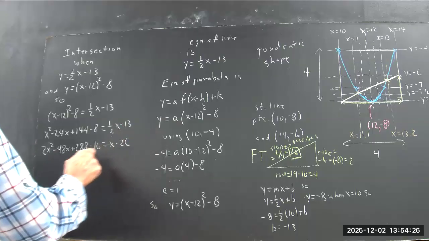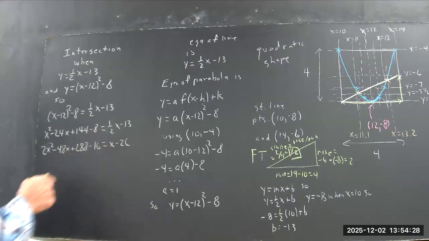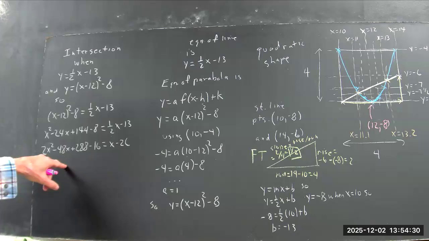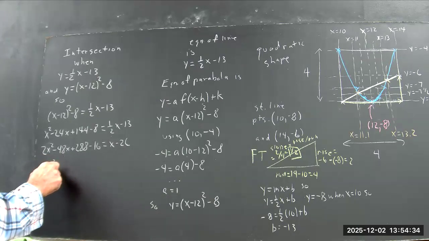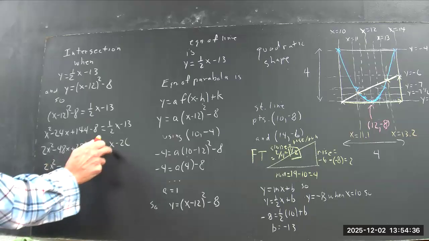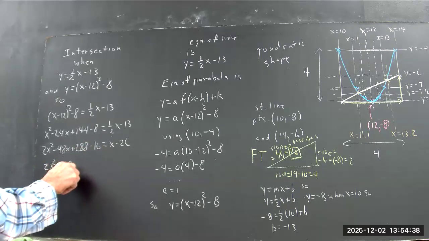We multiply by 2, get this. Multiply out the fraction. We get this. Subtract the x from both sides.